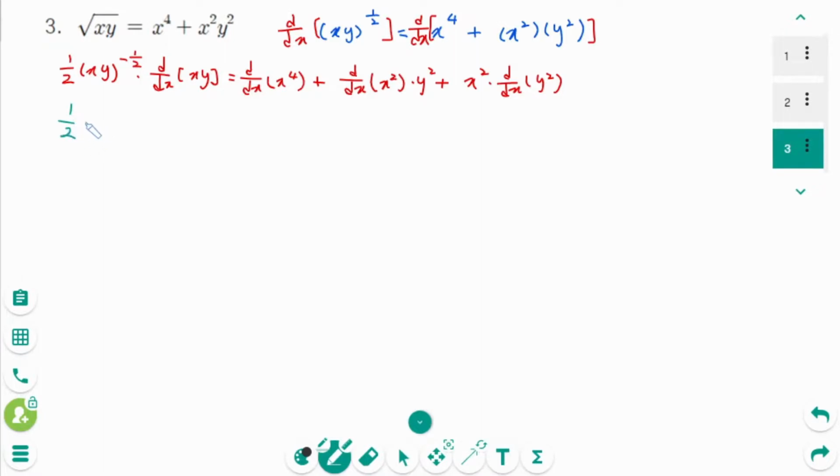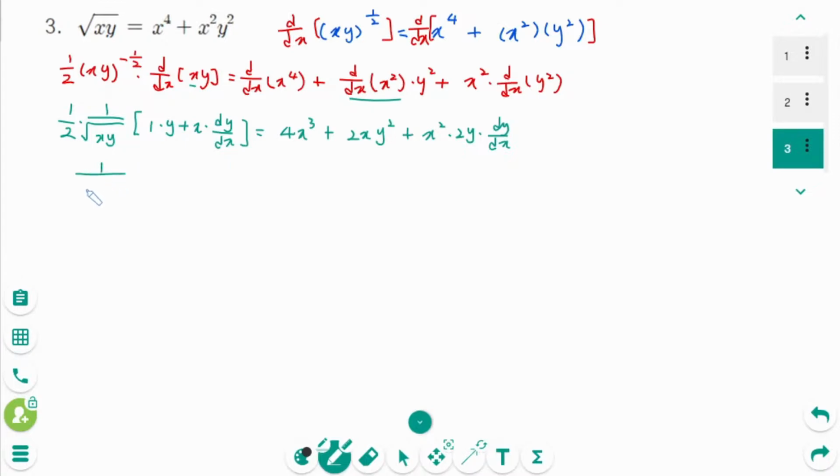1/2 times 1 over the square root of x times y times, using the product rule, d/dx of x equals 1 times y plus x times d/dx of y means dy/dx, equals 4x cubed plus, this one is 2x times y squared plus x squared times d/dx of y squared, which means 2y times dy/dx.